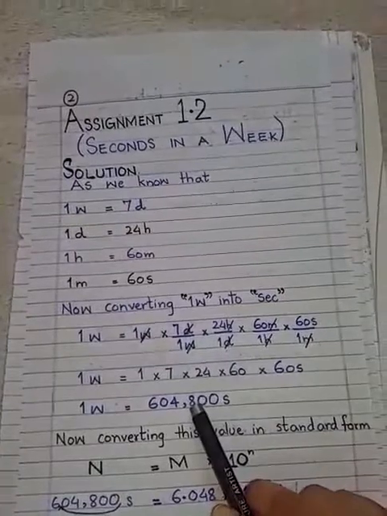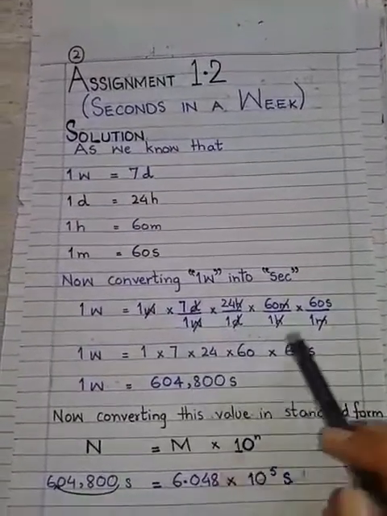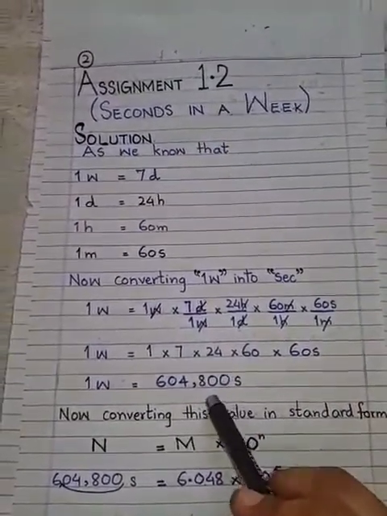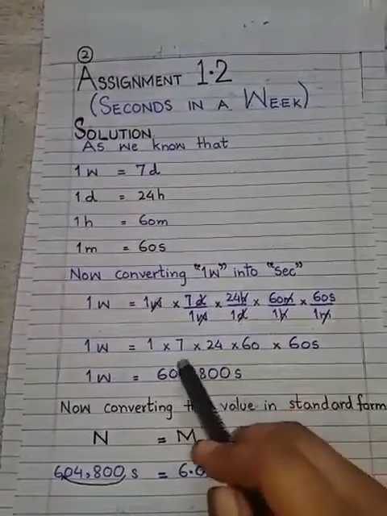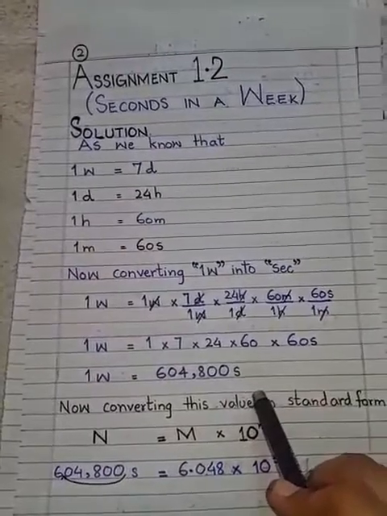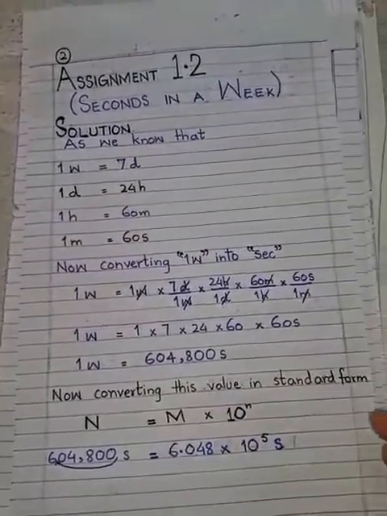Now again the question is to write your answer in standard form. So it means now again we will write this value in standard form. The same formula will be applied.